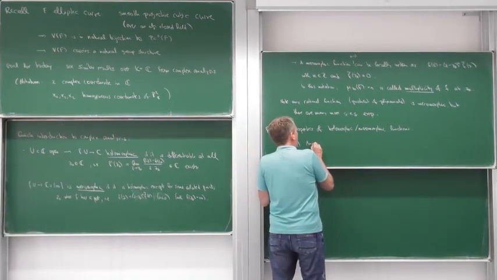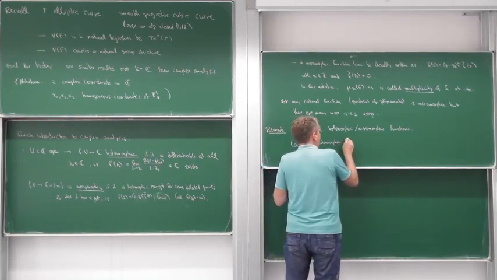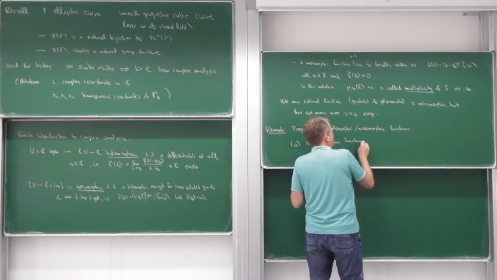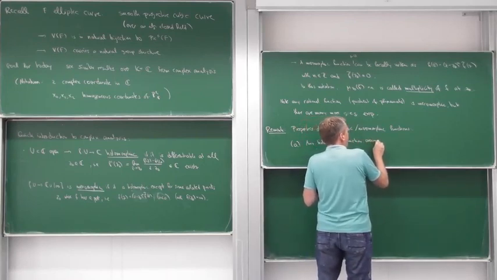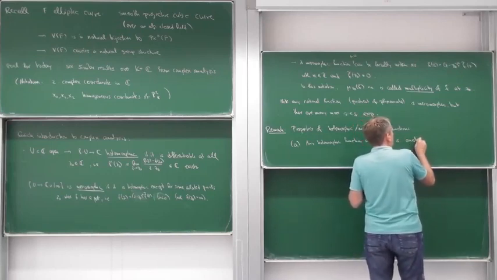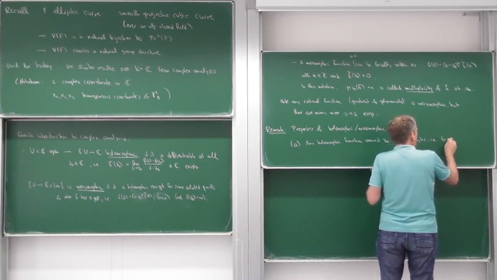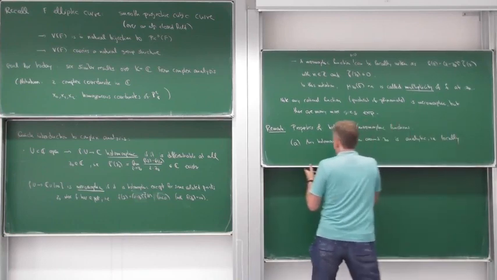So any holomorphic function around the point z0 is what's usually called analytic, i.e. locally a power series.